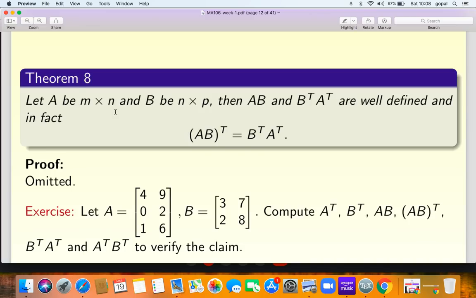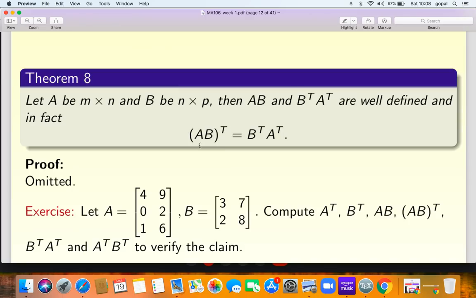N cross m. What is the size of B transpose? P cross n. Can I multiply A transpose and B transpose? No. I can multiply B transpose and A transpose. That product, B transpose followed by A transpose, is meaningful. A transpose B transpose is not meaningful.